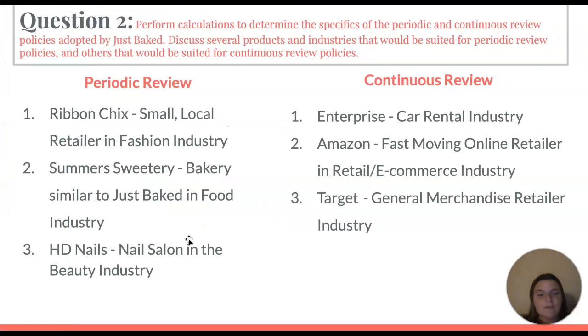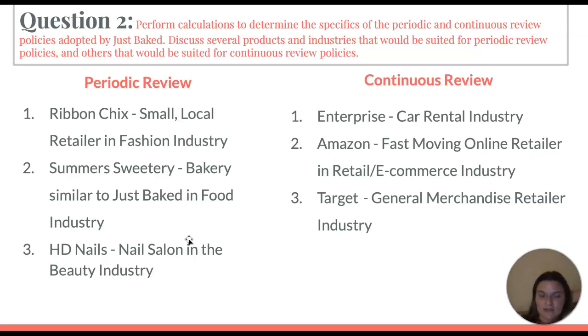And some that I found that would use periodic review, most of these are local to me because I found that mostly small businesses use these, which is Ribbon Chicks. It's a boutique in my town. They go through their inventory. If someone needs a medium, they're ordering medium, they will go through and count what they have, which would be like a periodic review.